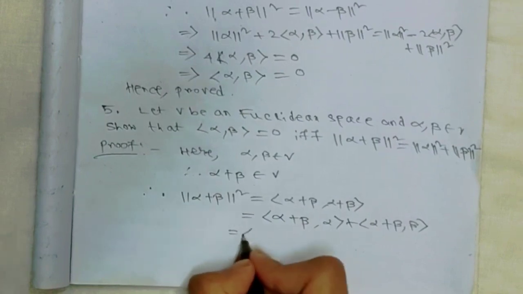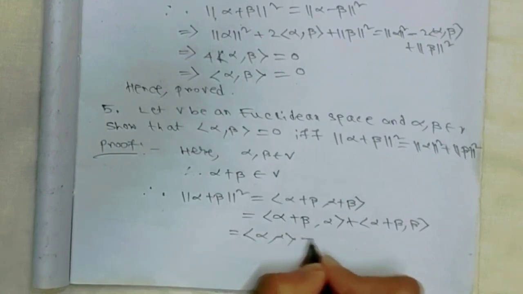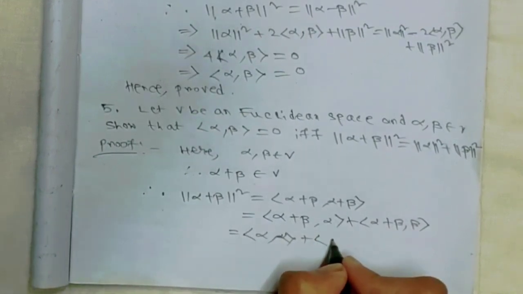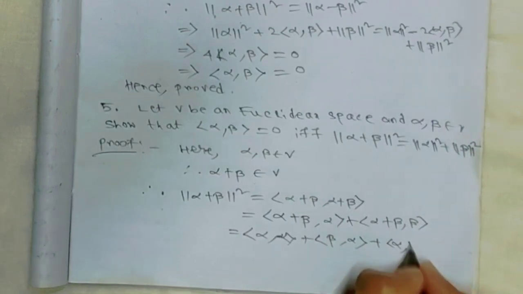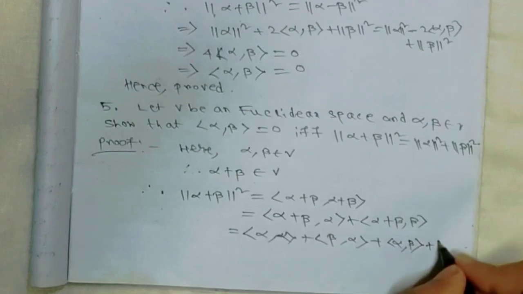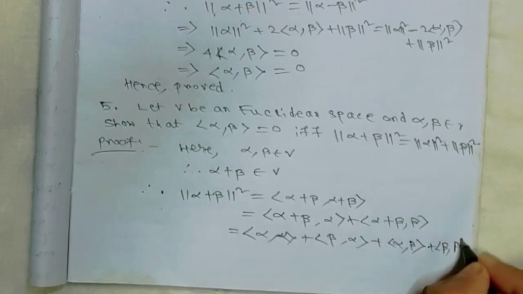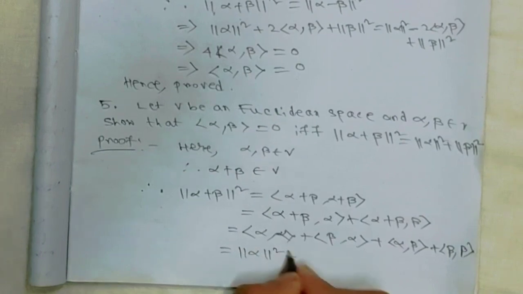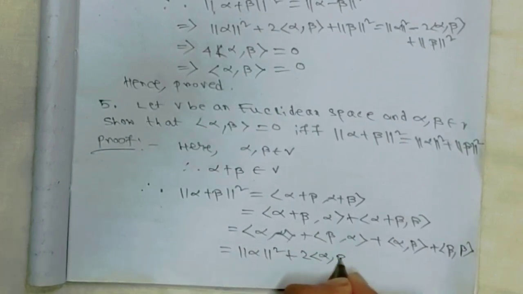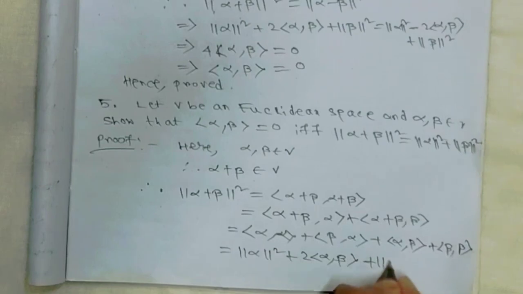That equals the inner product of alpha, alpha plus the inner product of beta, alpha plus the inner product of alpha, beta plus the inner product of beta, beta. That equals norm alpha squared plus 2 times the inner product of alpha, beta plus norm beta squared.